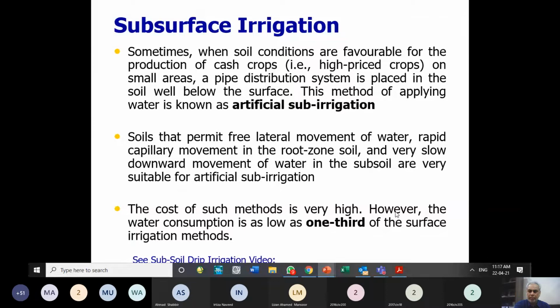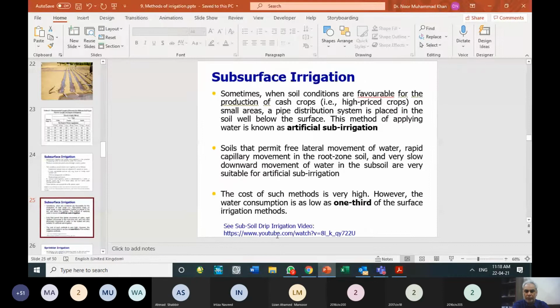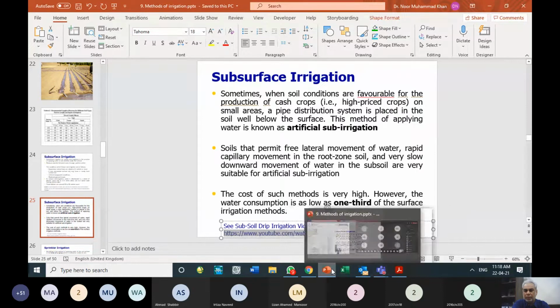It is cost intensive if pipes are utilized, but water application is reduced to as low as one third of the surface irrigation methods. So we can see a video of this artificial way of applying water using a subsurface pipe network.